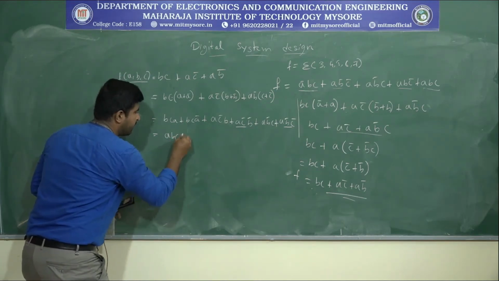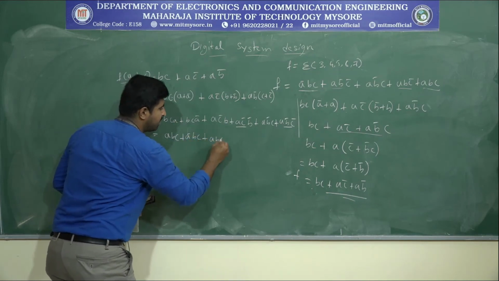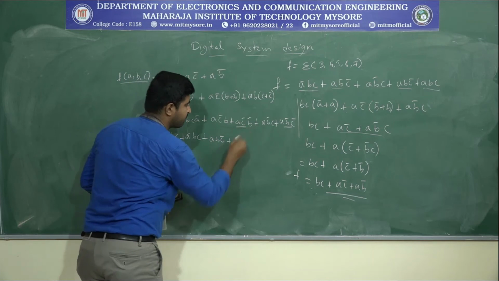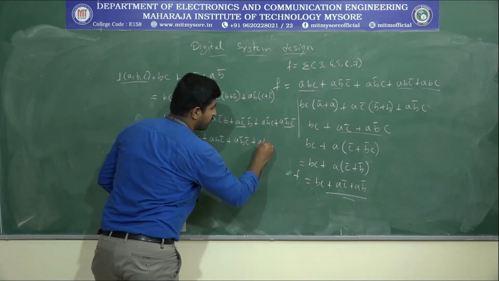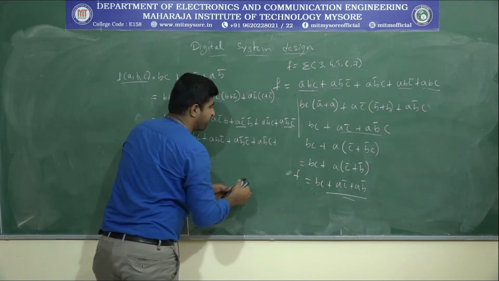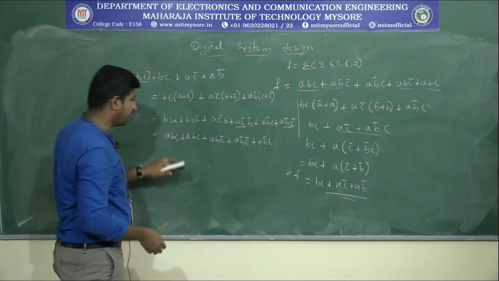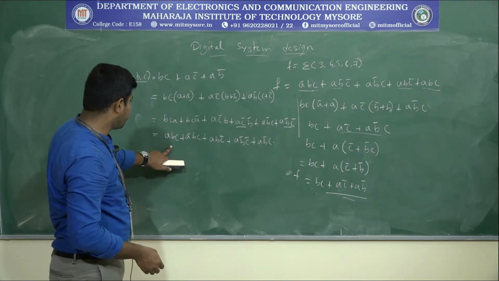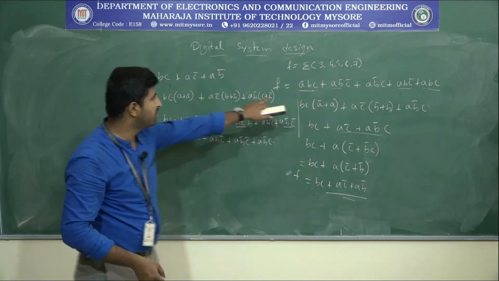So ABC plus A bar BC, then ABC bar plus A B bar C bar, then A B bar C. Again, instead of writing that, we can write only one term because both are C. Again we can see here ABC, A bar C bar, which equals the same equation actually.